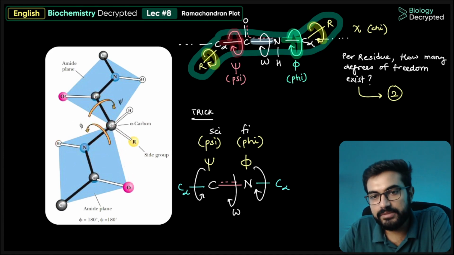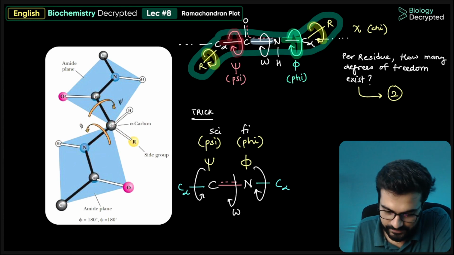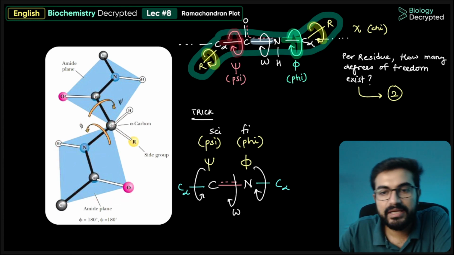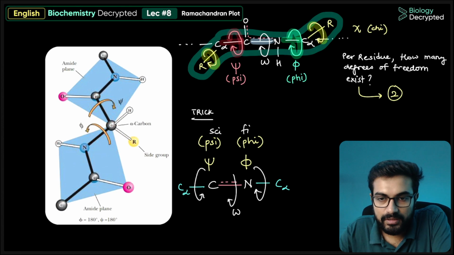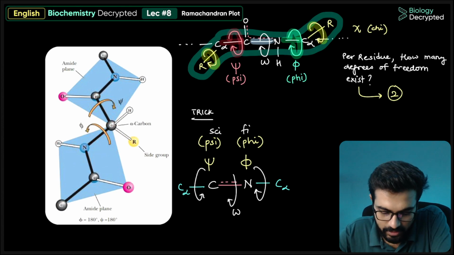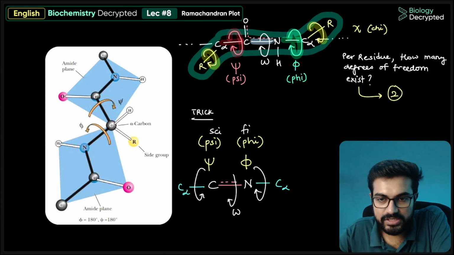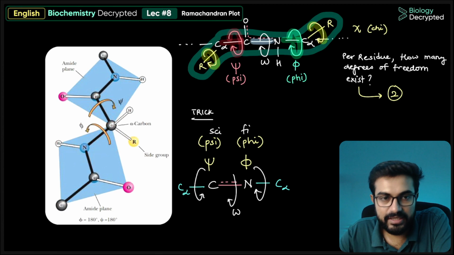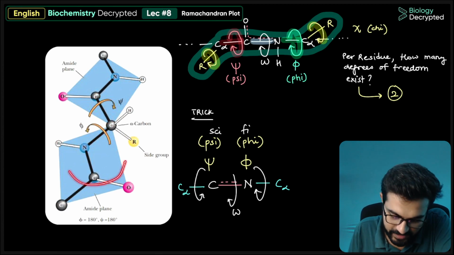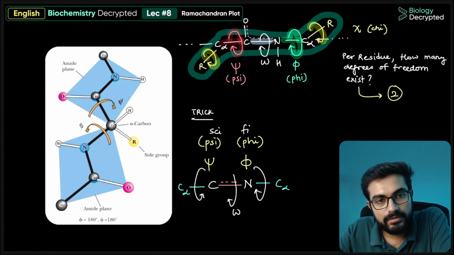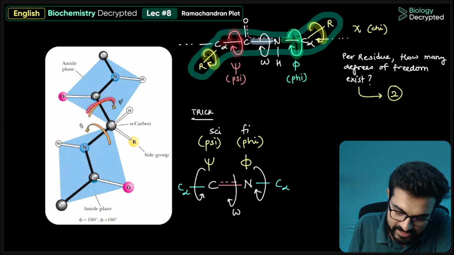And now if it comes here, like this, then what do we call it? What will the angles be? Here we are not moving one and we are just moving the other. So obviously psi is 0 degrees here, but phi is 180 degrees here, like minus 180 if it is coming from here. Sorry, the psi is not moving.